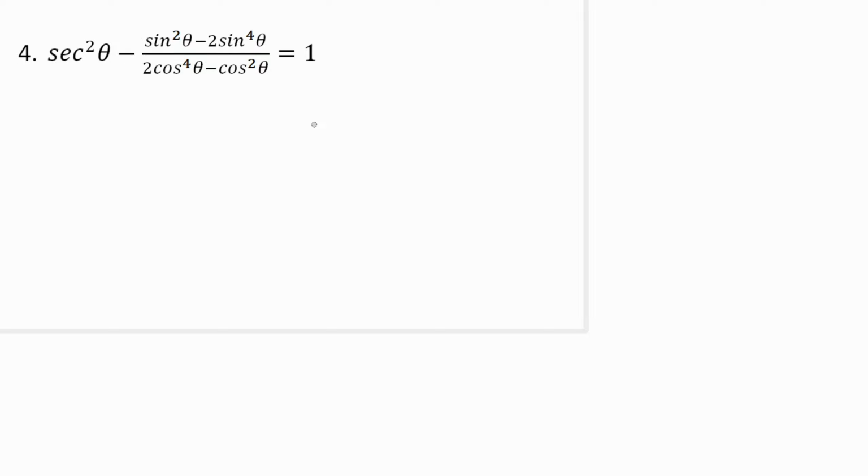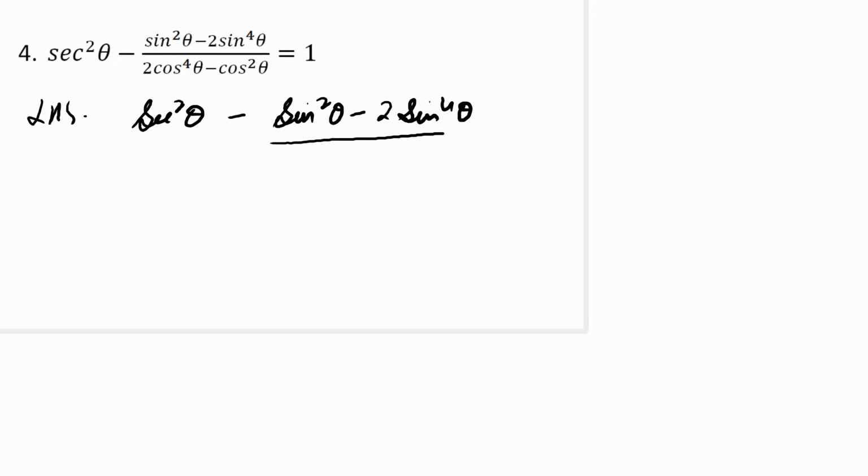We will start with the left hand side and it will become sec square theta minus sin square theta minus 2 sin 4 theta upon 2 cos 4 theta minus cos square theta.